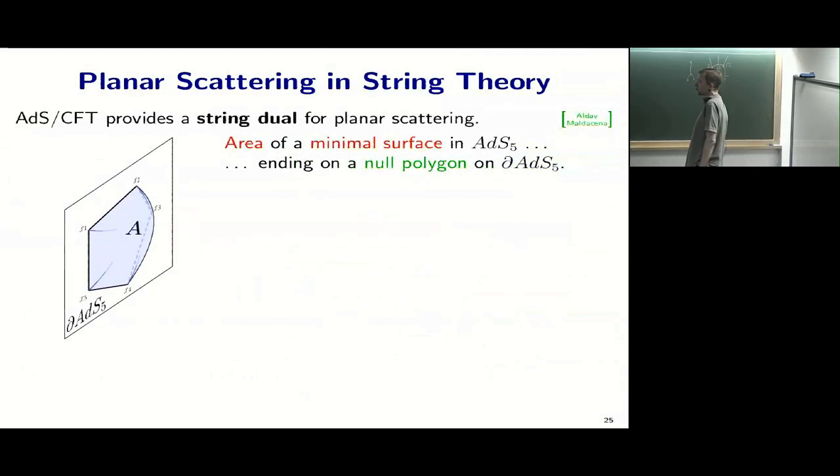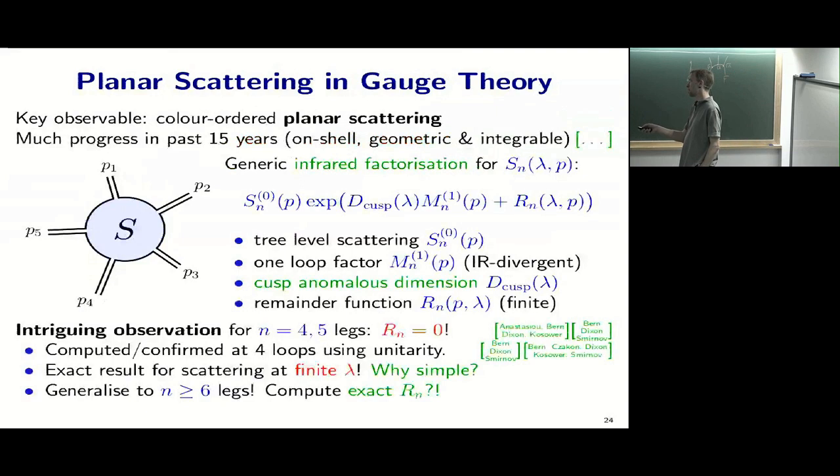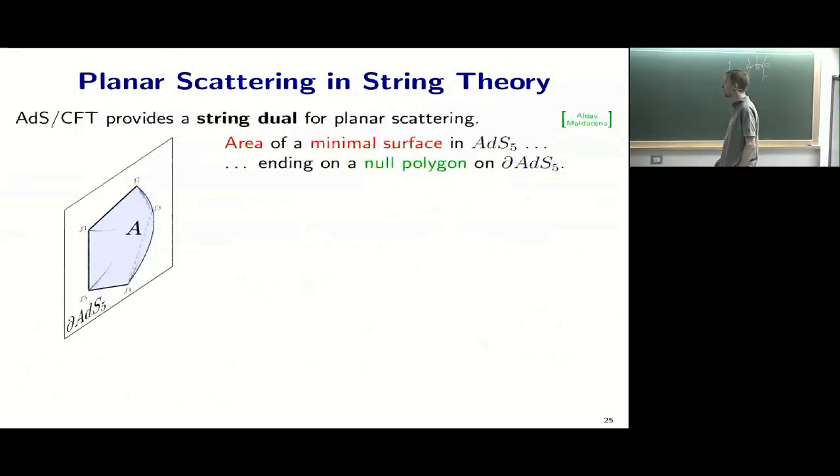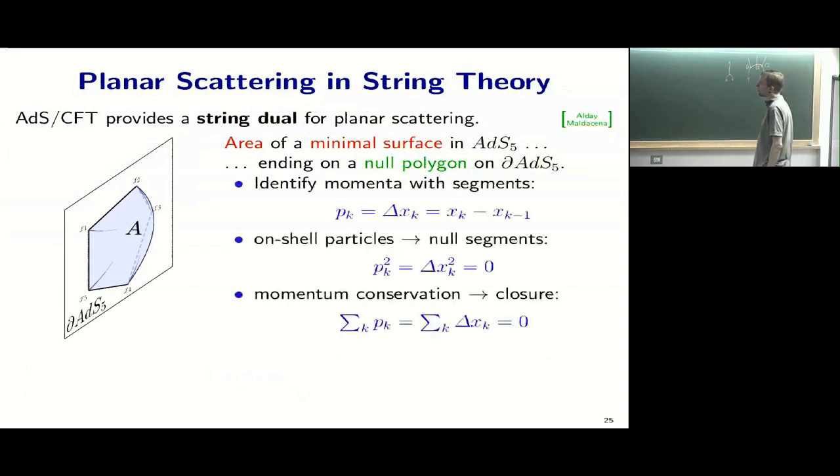Now, AdS/CFT also provides a string dual for planar amplitudes. Namely, if you have such a scattering amplitude, this is supposedly dual to the area of a minimal surface in AdS5, which ends on a null polygon on the boundary. Why a null polygon?